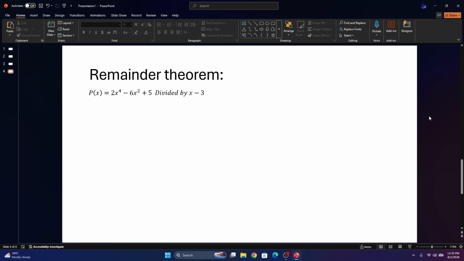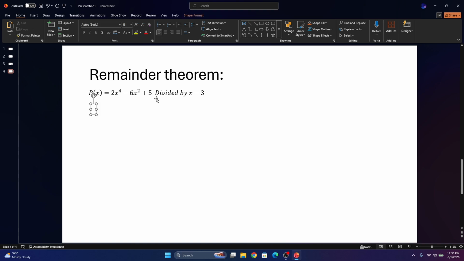Now the next part of our polynomials chapter is the remainder theorem. So here we have the same expression that we used in long division being divided by the same expression again. But what we can actually do is use the remainder theorem to find the remainder of this division.